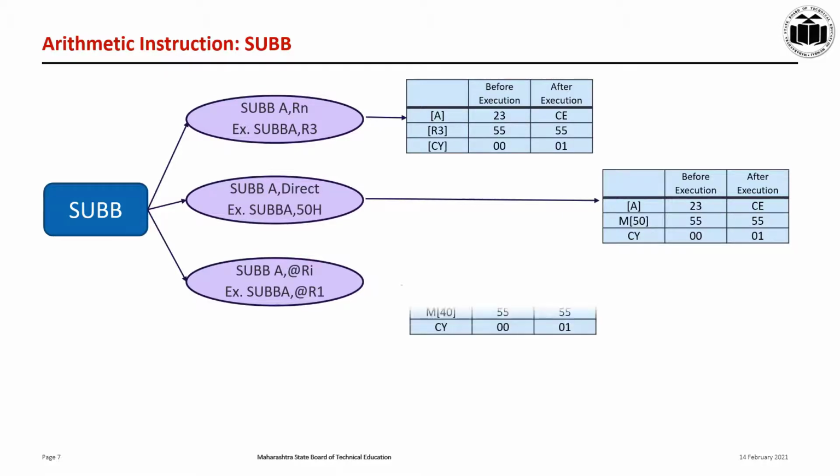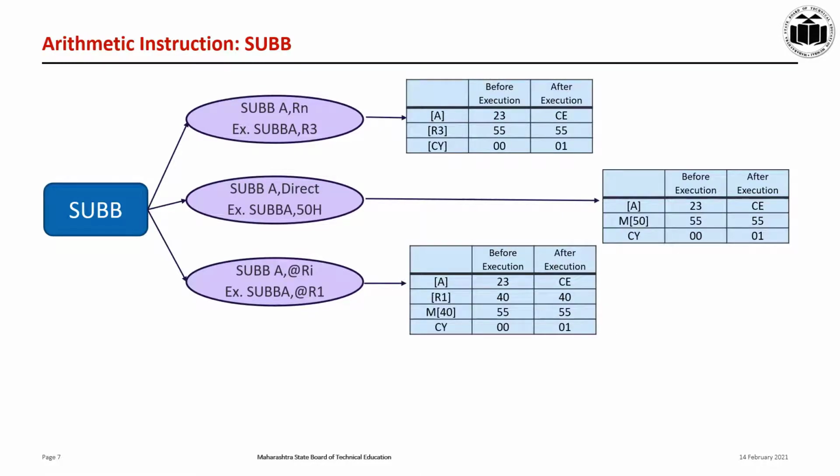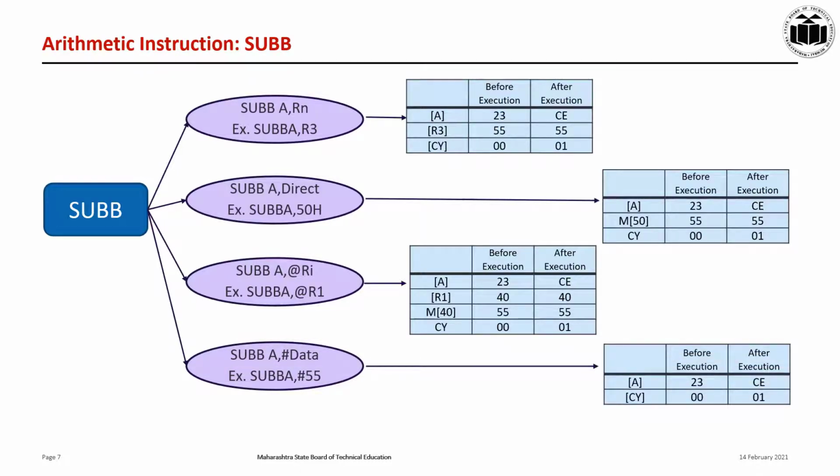This instruction subtracts the content of internal memory location pointed by Ri and content of carry flag from accumulator and store the result in accumulator. SUBB A, #data. This instruction subtracts immediate 8-bit data given in the instruction and the content of carry flag from accumulator and store the result in accumulator.